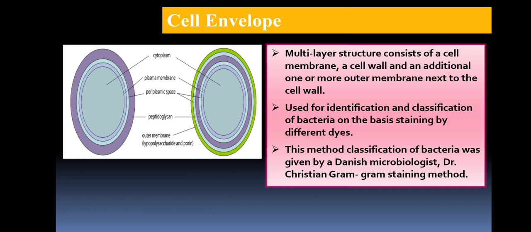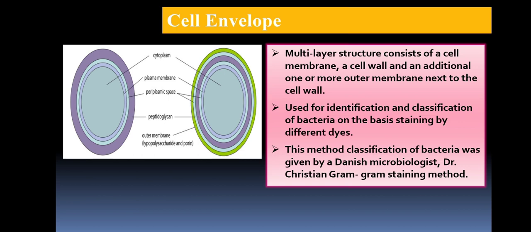On the basis of this staining result, the bacteria are classified. This method of classification of bacteria was given by a Danish microbiologist, Dr. Christian Gram, and the method is called Gram staining because it was given by Dr. Christian Gram.